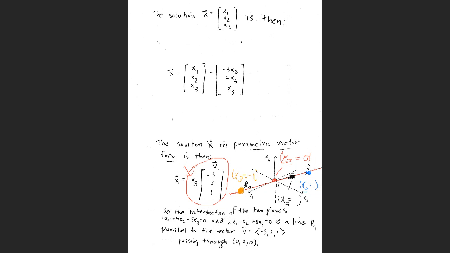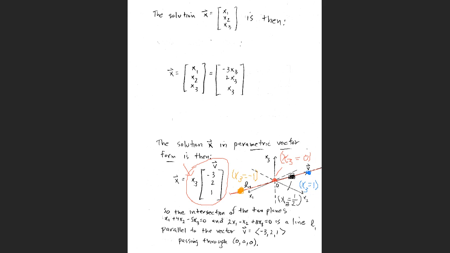Good, Nafani. 1/2. Good. So you see, as I vary the parameter x3, I get different points on the line. And if you put all the points together, it traces out a line through the origin, passing through the vector v, or parallel to the vector v.